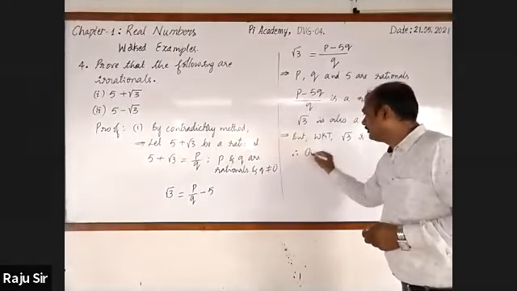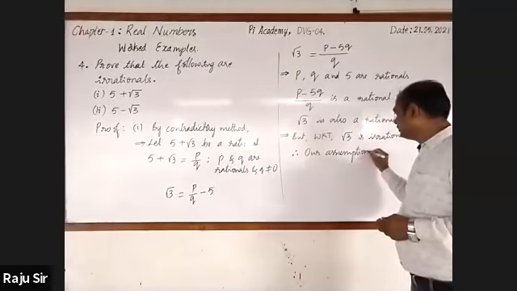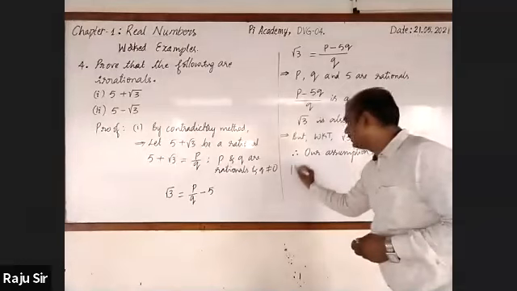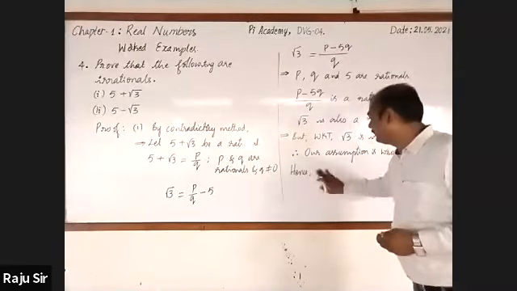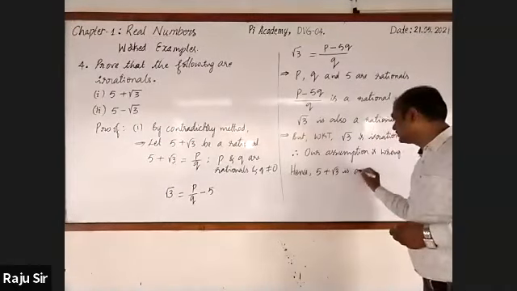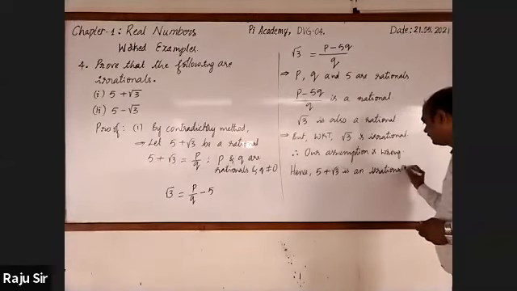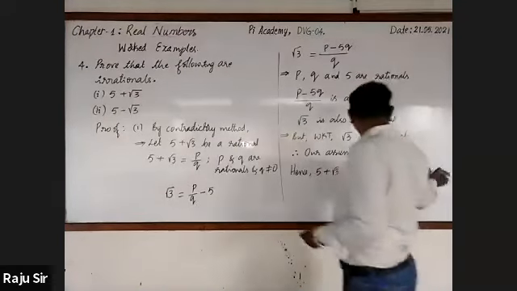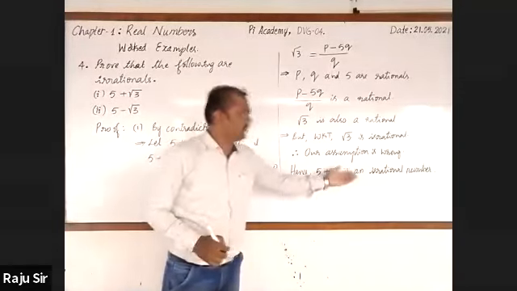Therefore, our assumption is wrong, right? Hence, 5 plus root 3 is an irrational number. Or else you can also write it as 5 plus root 3 is irrational.